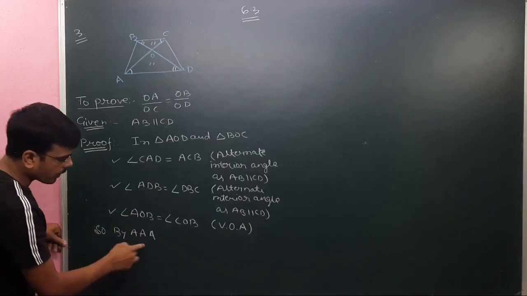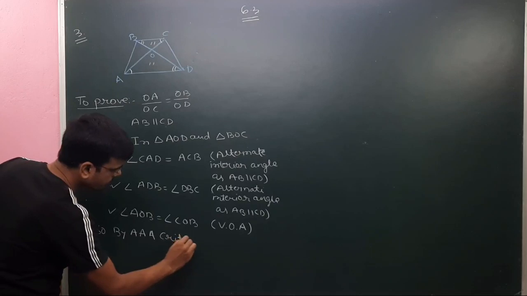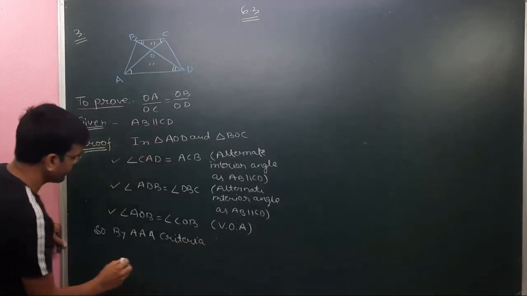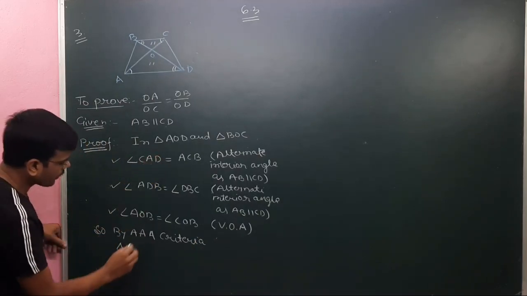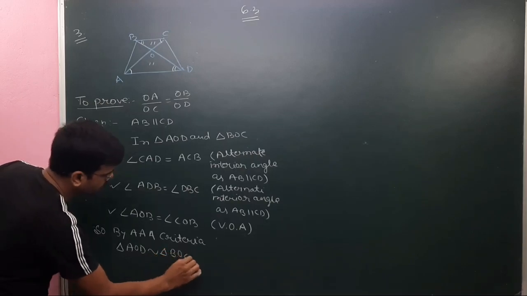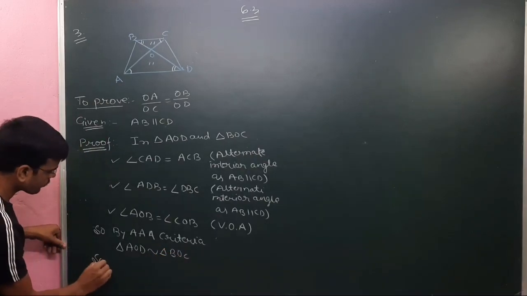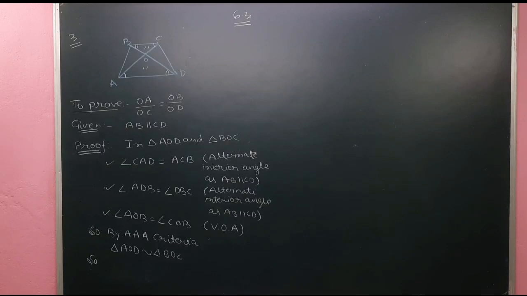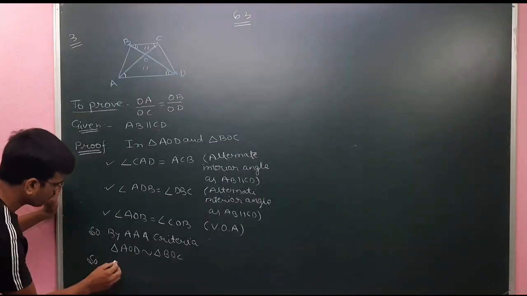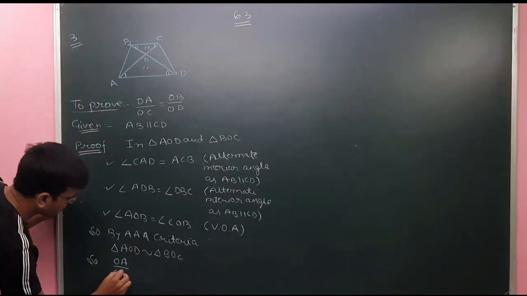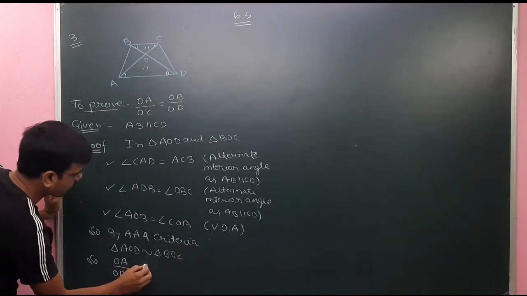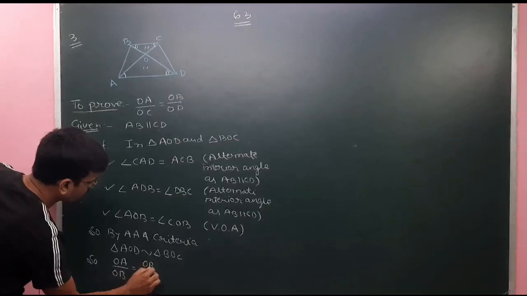So by angle criteria, triangle AOD is similar to triangle BOC. So OA upon OB is equal to OC upon OD.